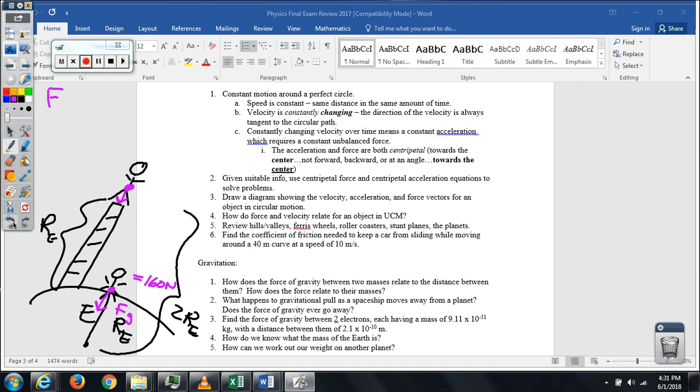Fg is proportional to 1 over the distance squared. The masses do not change, so they're constant. So the only thing that we're trying to relate here is how gravity changed depending on the change in the distance. So I double the distance, so this d gets doubled, but think of the d getting also squared, so you have to square the 2 that now comes with the distance, so twice the distance.